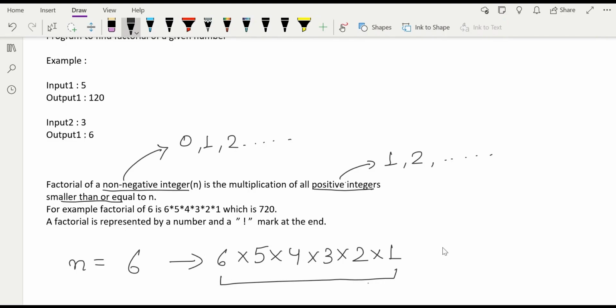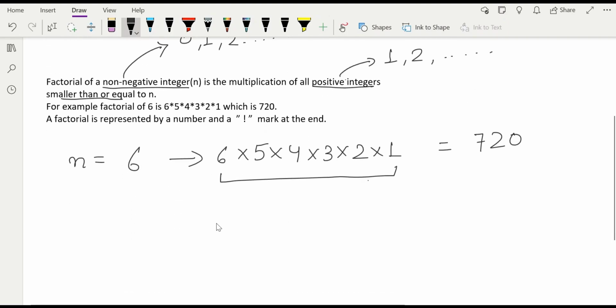Overall, if you multiply the values, the result is 720. So we can simply write the factorial of 6 is 720. It is a mathematical denotation: factorial is represented by a number followed by the exclamation mark at the end.